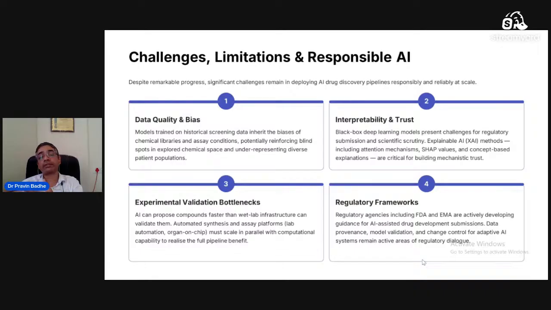Yes, regulatory agencies are now actively developing guidelines for AI-assisted drug discovery and development submissions. Then another thing is interpretability and trust, where the human in the loop plays a major role in the utilization of the AI. So that is very important.